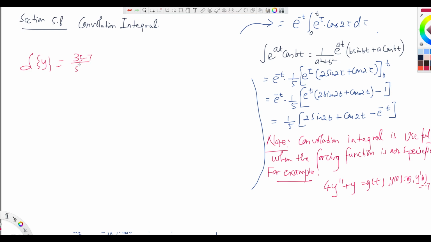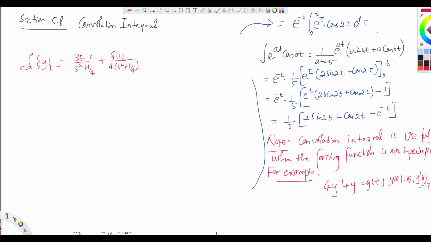What you get is (3s - 7)/(s² + 1/4) + G(s)/(4(s² + 1/4)). So what is G(s)? G(s) is the Laplace transform of g(t).